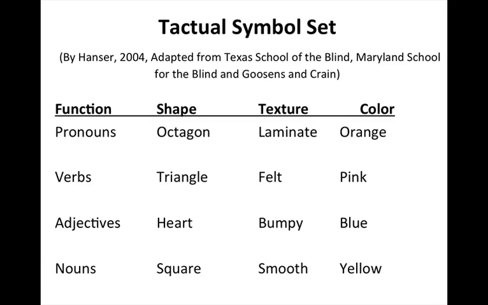So that in the way that students who have vision are learning graphic symbols and can begin to see patterns in the ways that graphics are drawn and things are represented, we wanted to provide a parallel structure for the tactual symbols. And so different parts of speech are in different shapes and textures and colors, and then there's an object on top of the symbol that represents the particular word that's being represented with that symbol.